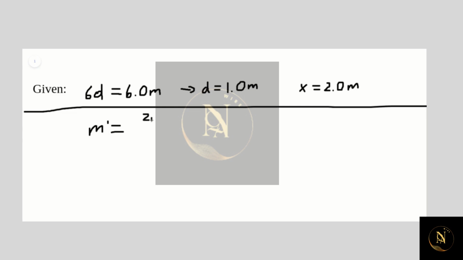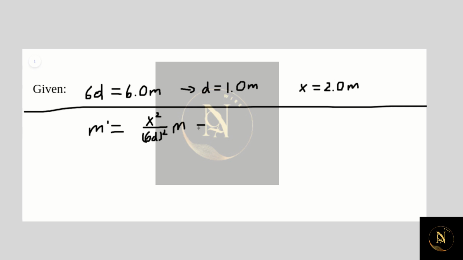So it's going to be 2 meters by 2 meters divided by 6 meters by 6 meters, right? So let's write it more explicitly. This is going to be x squared over 6d squared times the entire mass, which is just M.